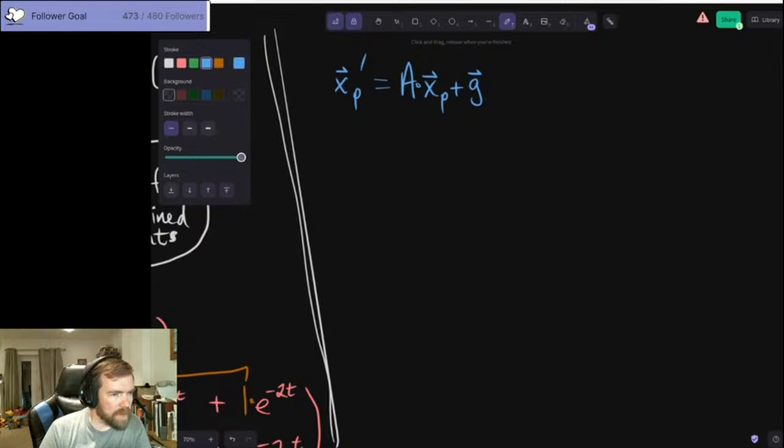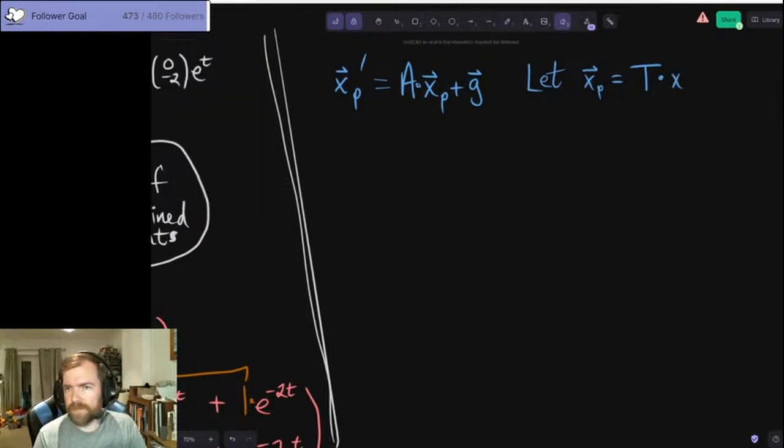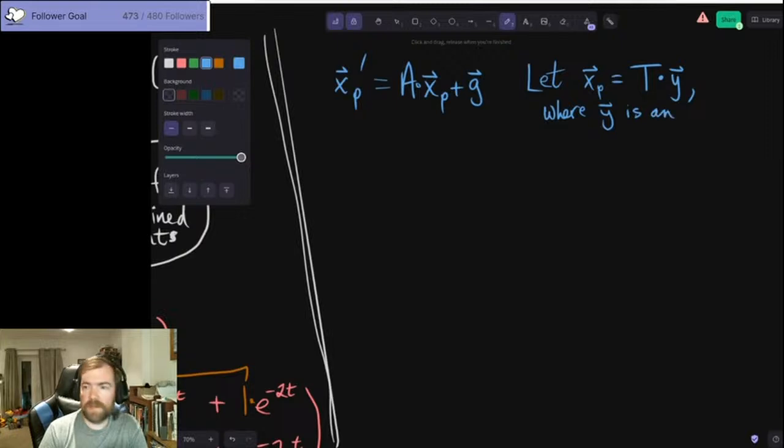And what we can do is let x sub p be equal to t times some other vector y, where, to define our terms, y is an unknown vector, which we can solve for.